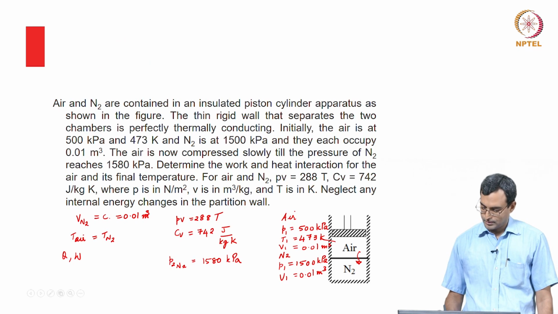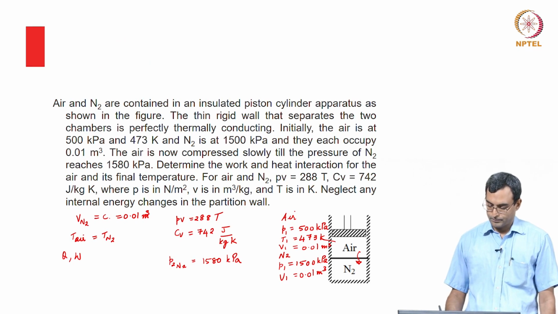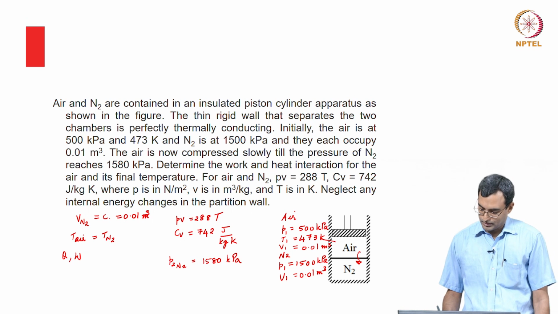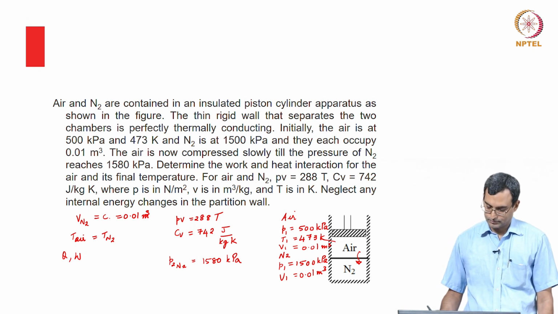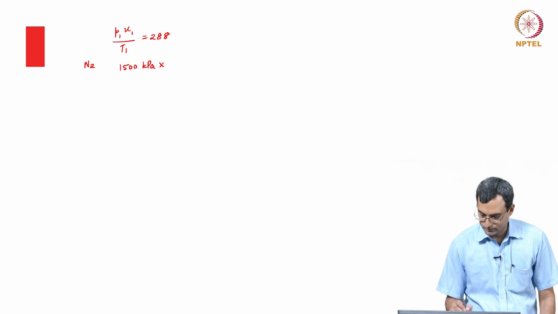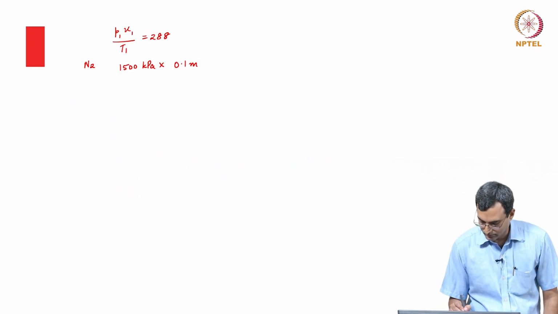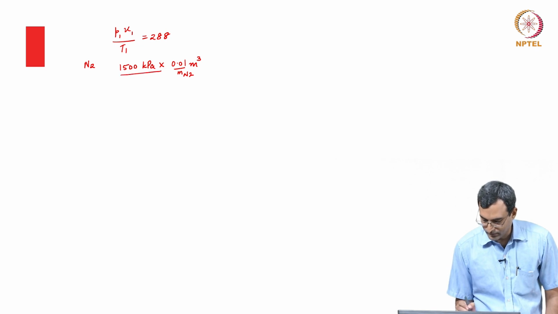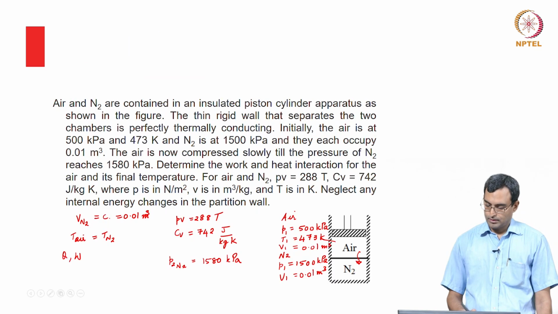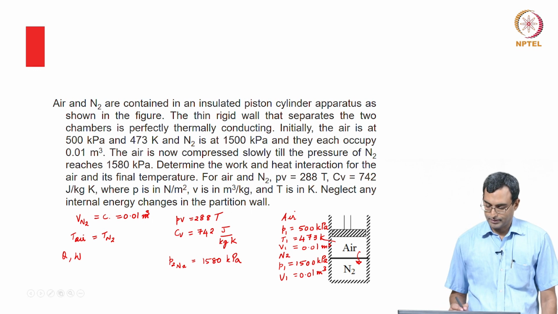V1 of nitrogen is 0.01 meter cube divided by whatever is the mass, and T1 of nitrogen is 473 Kelvin.